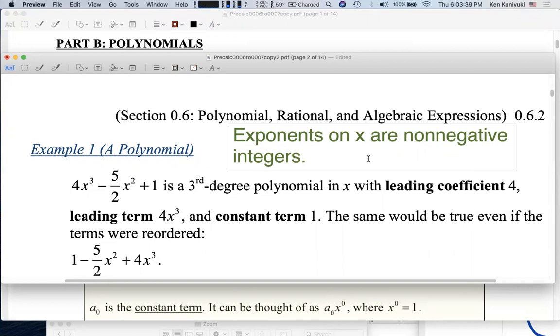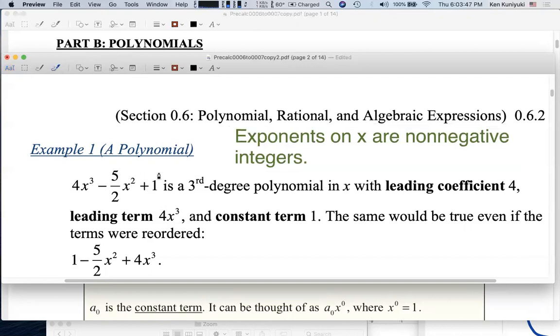The exponents on x, the 3, the 2, and there's actually a power of x here too. x to the what is 1? x to the 0 is 1. So you could think of 1 as 1x to the 0. The exponents on x are all non-negative integers.